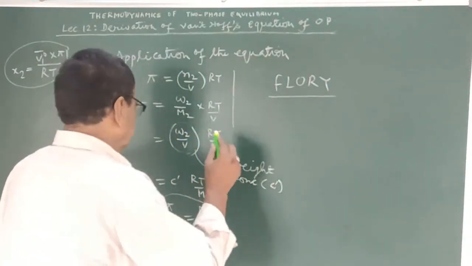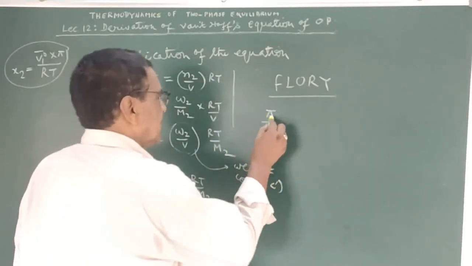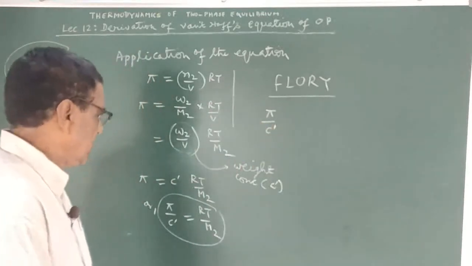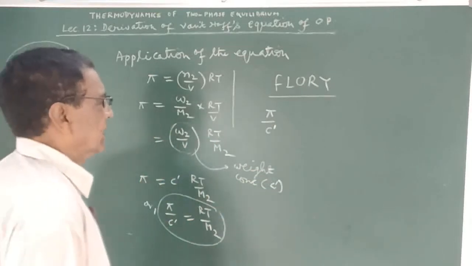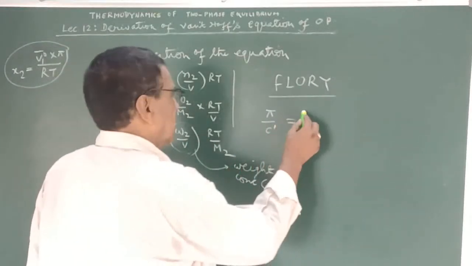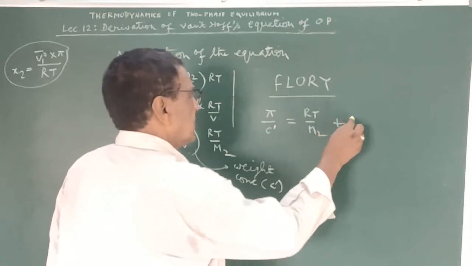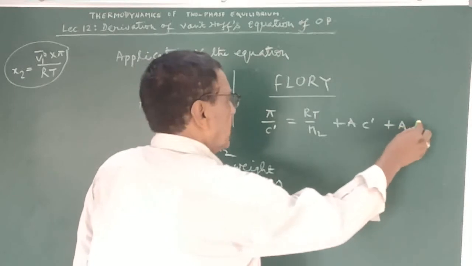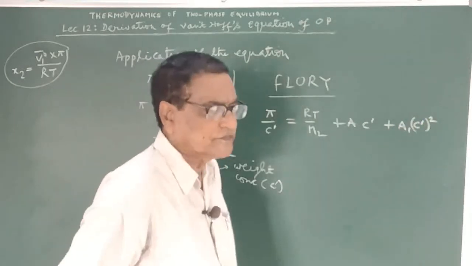So for non-ideal solutions, Flory proposed that pi by C dash, where pi is the osmotic pressure and C dash is the weight concentration, equals RT by M2 plus A C dash plus A1 C dash square, the virial form.